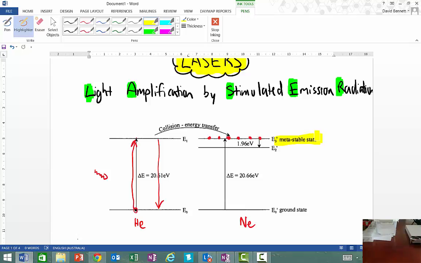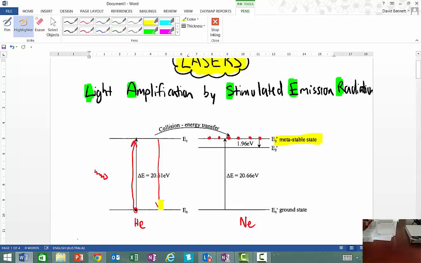Longer than normal. So instead of being a nanosecond, it might be 100 nanoseconds. Alright, so we'll talk about the stimulated emission in a second. But what normally happens is these electrons will spontaneously emit back to the ground state. That's what normally happens. Okay.